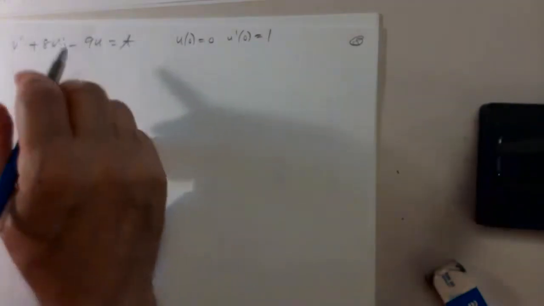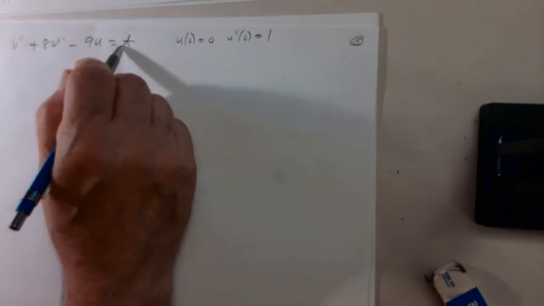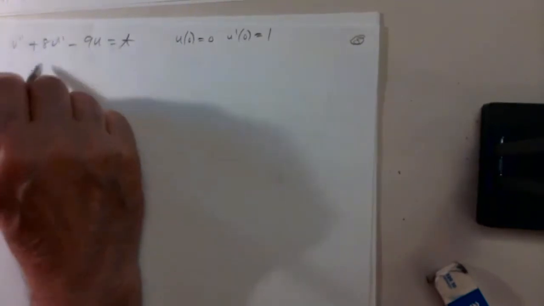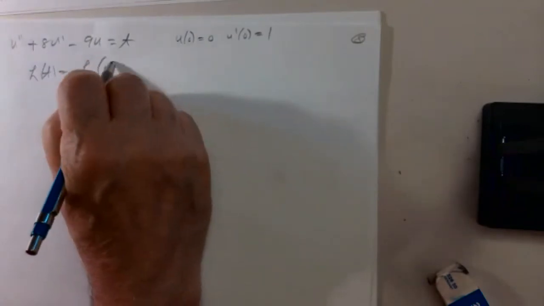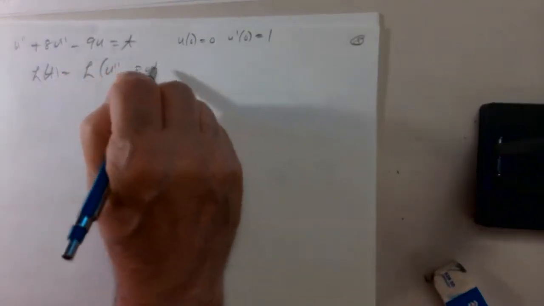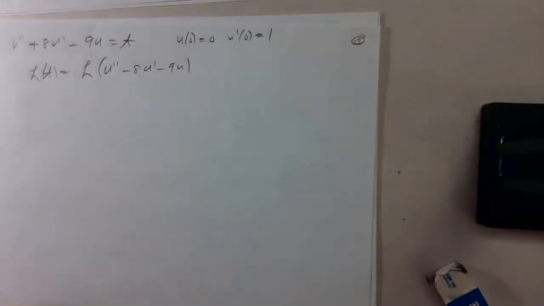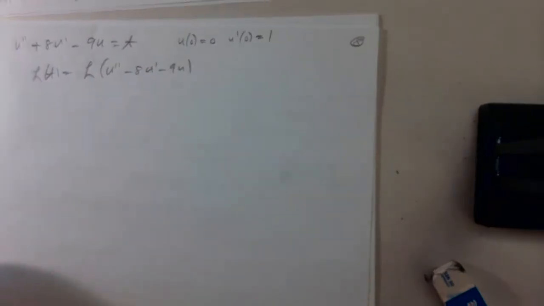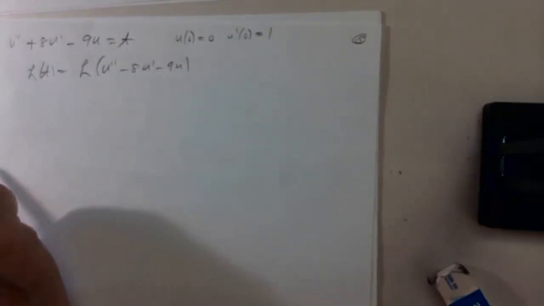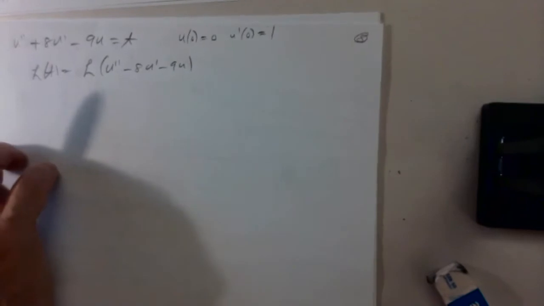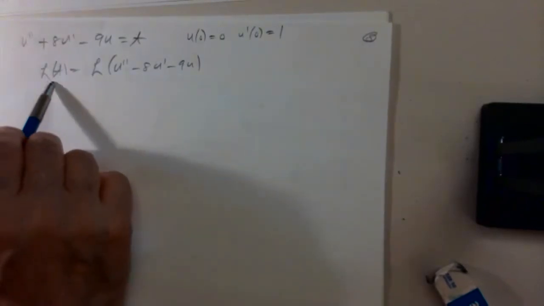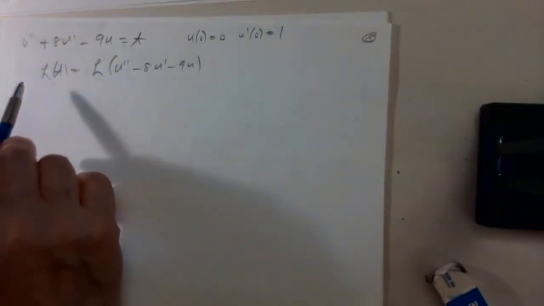So we take the Laplace transform. Let me just write it the other way. The Laplace transform of t is the Laplace transform of u double prime minus 8u prime minus 9u. Now, if we take the function t, the Laplace transform, we actually worked it out in class, I think, on Monday, or you can check in the book, or you can just do it yourself, which is the best thing.